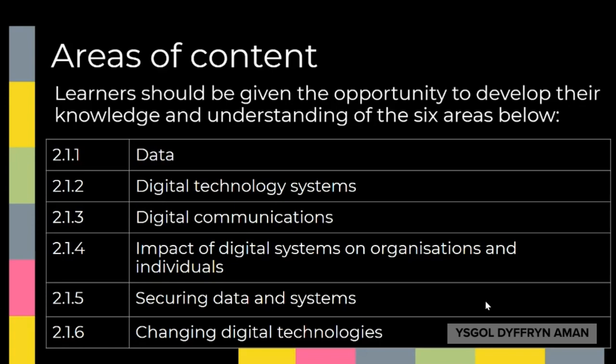Impact of digital systems on organisations and individuals. We would look at the changing work practices due to the implementation of digital systems. Securing data and systems, so we'd look at the range of cyberbullying, resilience controls and digital footprints. And changing digital technologies would be about new and emerging technologies and future developments.